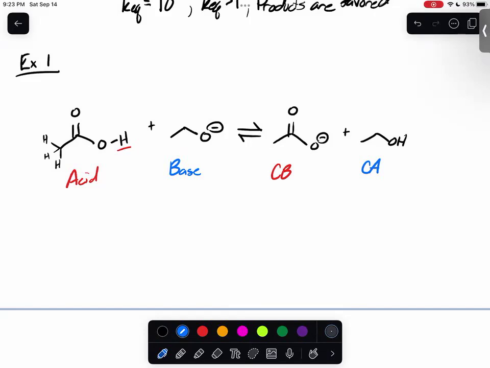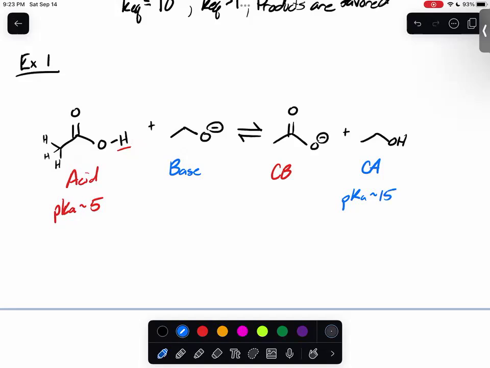So if we wanted to determine the exact KEQ value of this reaction, what we would do is say, all right, we need the pKa of the acid and the pKa of the conjugate acid. So for our acid, this is one that's in our pKa table. It's right around 5, right? This is the exact same as we were looking at before, where this is our carboxylic acid, and then our alcohol is right around 15.